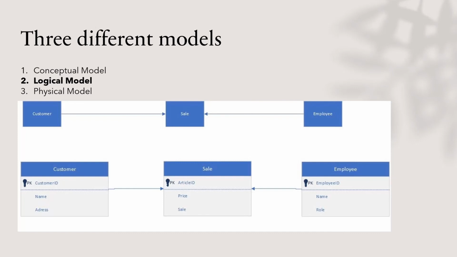Now, after you've done a conceptual model, it's time to create your logical model. Most of the work, I should say, will go into creating a conceptual model and a logical model. This is where most of the work that you do as a back-end developer will end up.